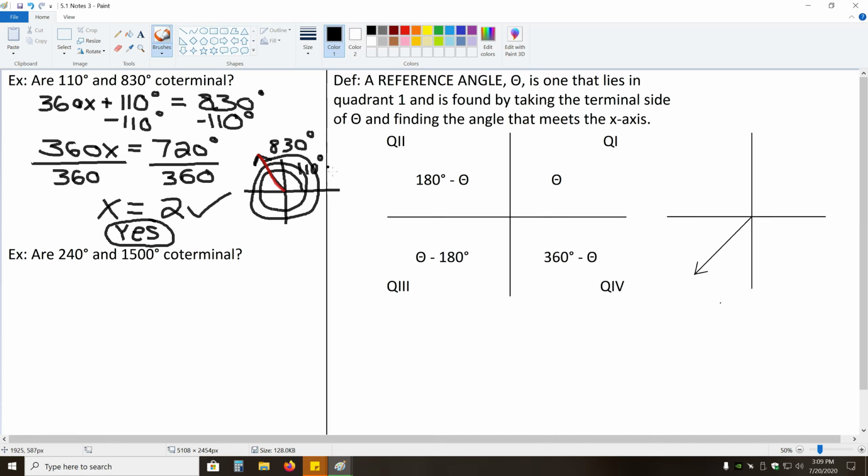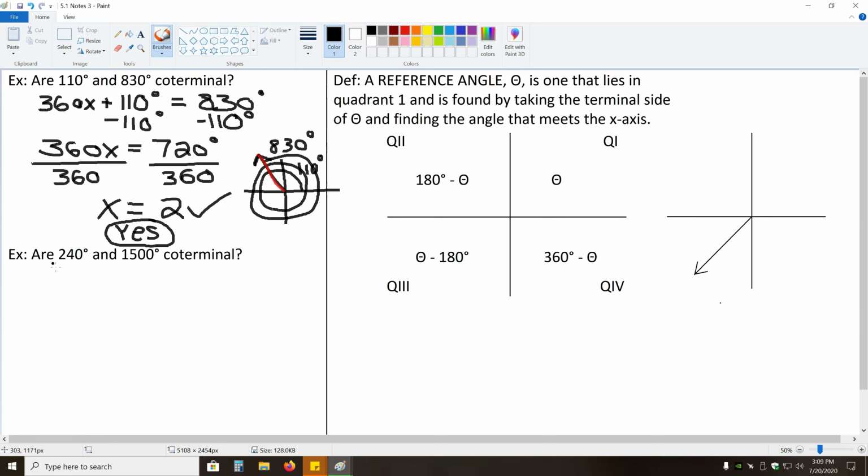While that's not always true, we can't just say 830 degrees equals 110 degrees, because clearly they don't. They are different angles. They have different numbers, that is to say. But when we use them in most of our calculations, they will end up representing the same exact thing.